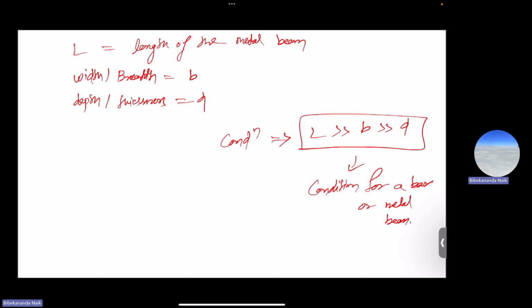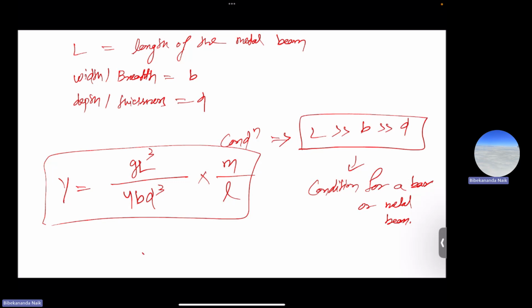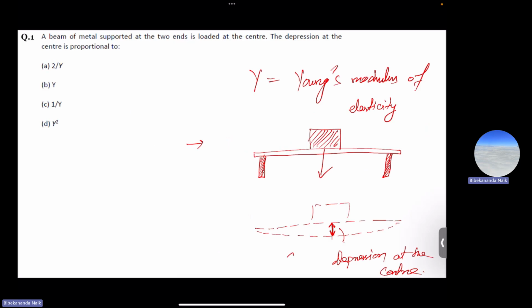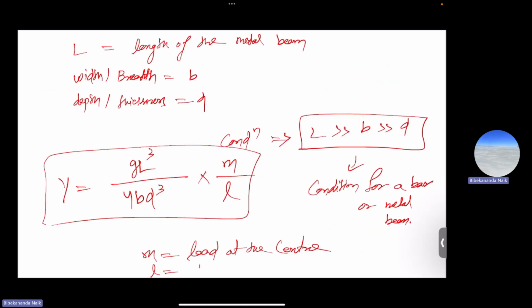And there the working formula was Y, the Young's modulus, is g L cubed divided by 4 B D cubed into M by l, where M is the load at the center, and this l is nothing but the depression at the center.